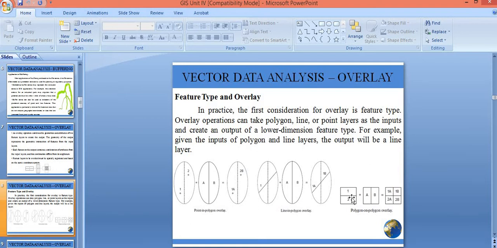Between line and polygon, the result will be line. Between point and point, the result will also be point. Line and line, again line. Polygon and polygon, again polygon. Okay, so be clear with this.